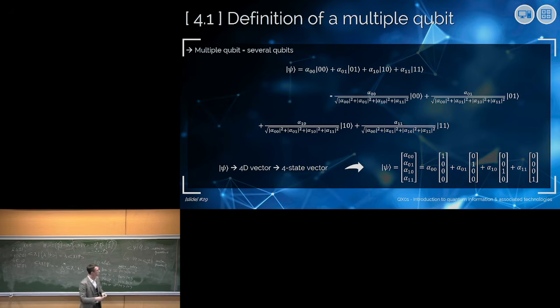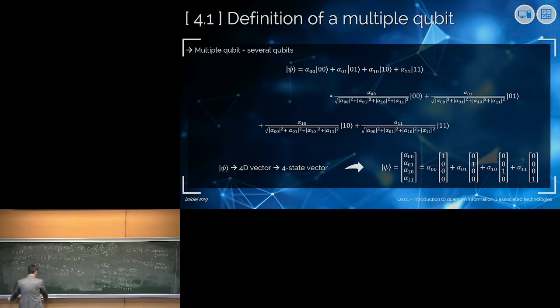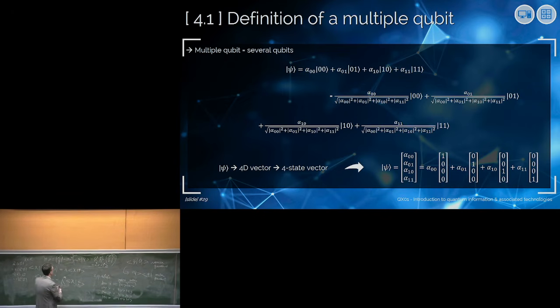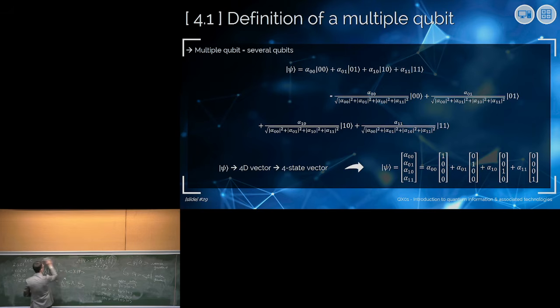So already we come back to the idea that for 1 qubit, I have 2 states. For 2 qubits, 4. For 3, 8, and so on.